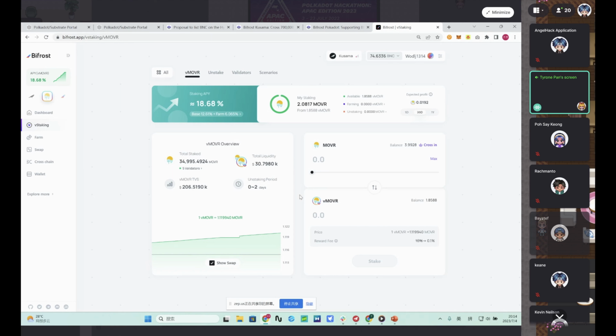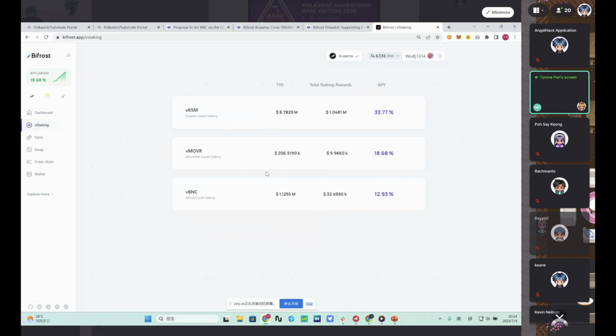Which means you take no unstaking period in this case. So that's the advantage of a Bifrost liquid staking product.